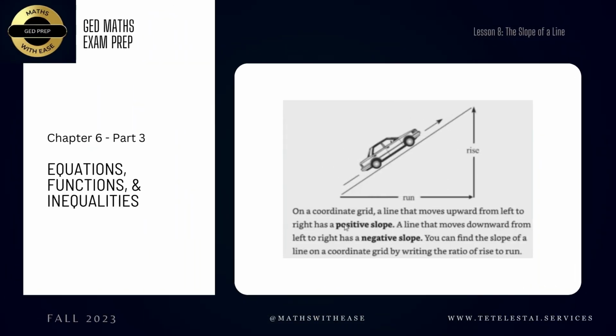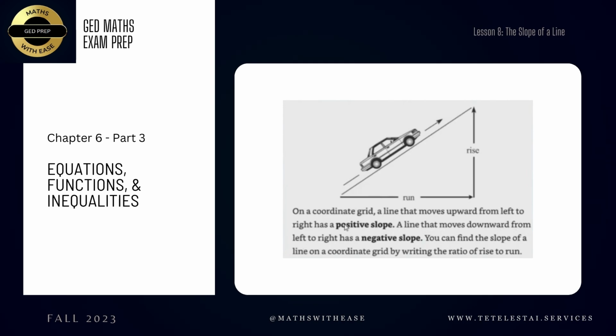So on a coordinate grid, a line that moves upwards from left to right has a positive slope. So in this particular instance, this is our left-hand side, and this line is moving from left to right. Okay, so this particular line has a positive slope, and a line that moves downwards from left to right has a negative slope.